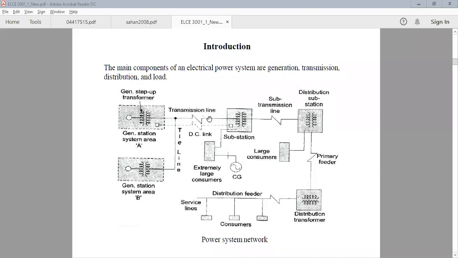Anybody knows why? The question here is why we transmit at high voltage. To reduce the losses and have high efficiency.